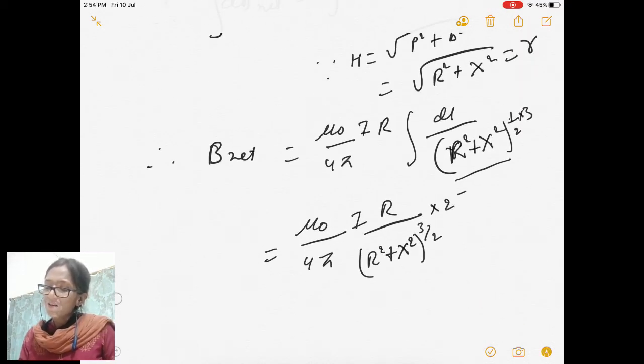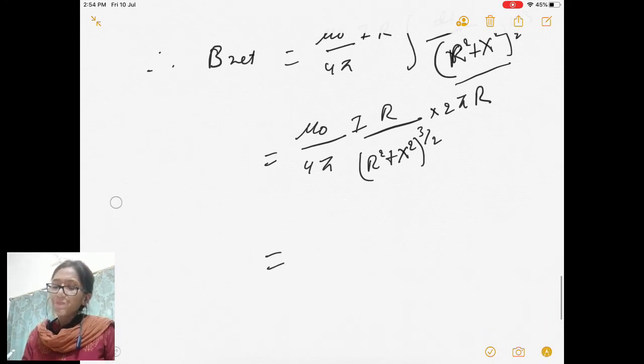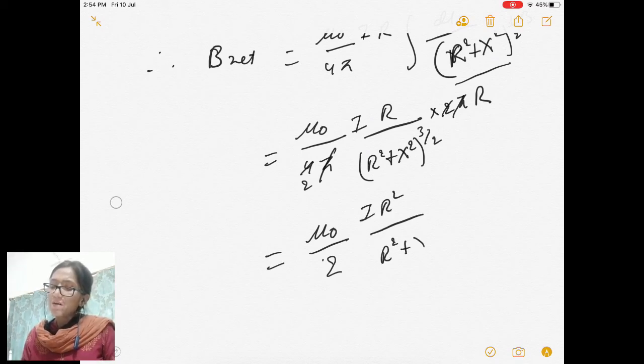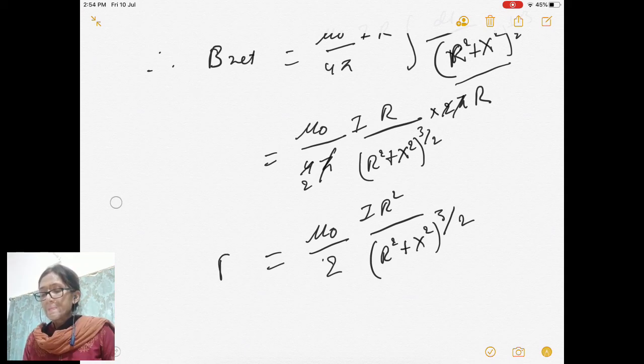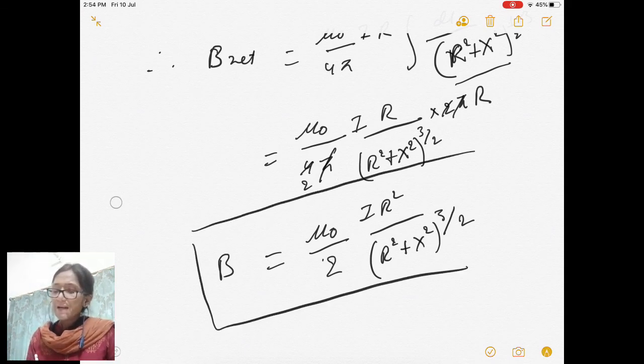So this is your 2 pi R. Therefore, pi cancels, 2 cancels with 4, and it is equal to mu naught upon 2 I R square upon R square plus x square whole power 3 by 2. So this is your magnetic field at an axial point.